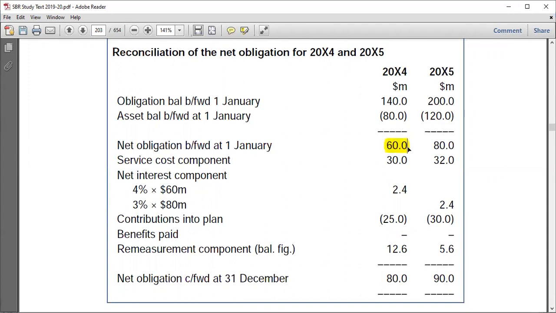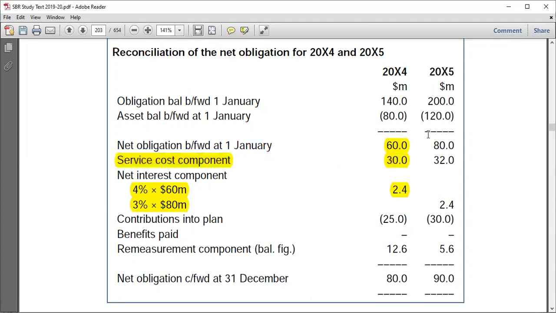Then we usually determine the interest component, right? Net interest component. And how do we determine the net interest component? The net interest component is 4% for 20x4. I'm dealing with 20x4 right now, right? So 4% times 60 gives us 2.4. Then we have the service cost component, given at 30.